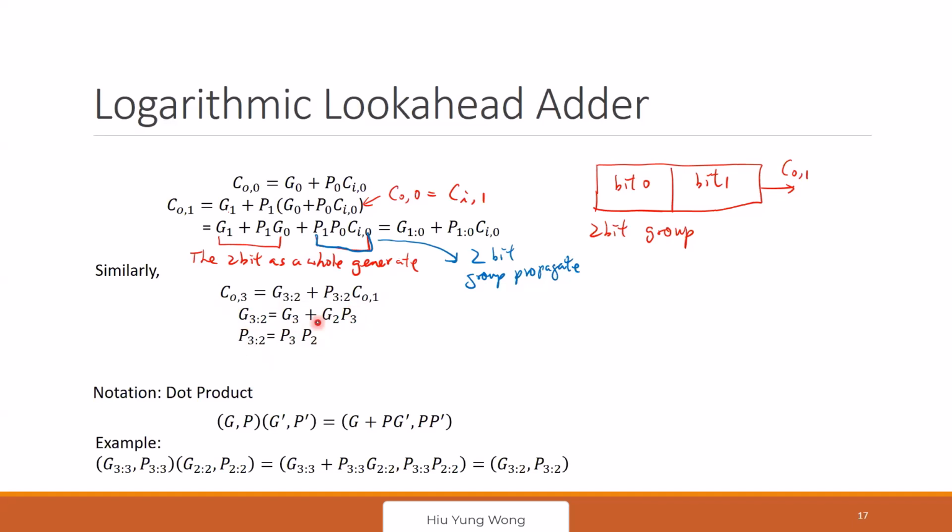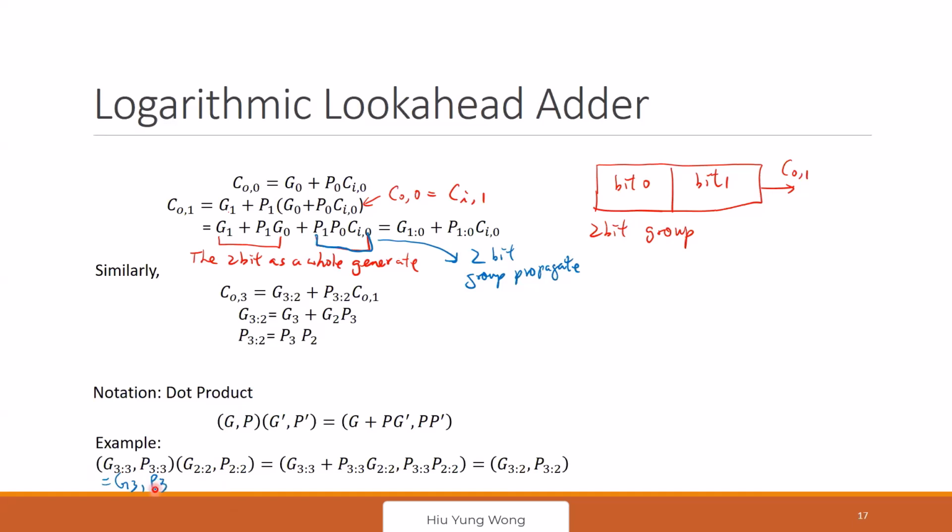Okay, and then we introduce something called the dot product, just a notation. So what does it mean? It's just saying that I have 2 bits, right? B3 to B3 means this is just 1 bit, bit 3. This is just equal to G3 and P3, okay?